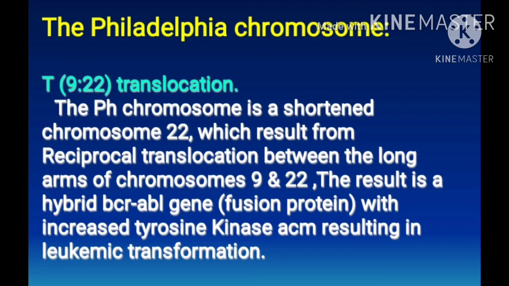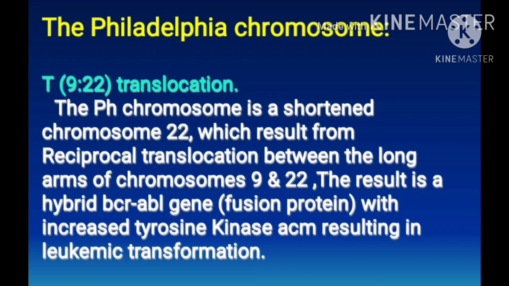Reciprocal translocation. Okay, in that Philadelphia chromosome, we can see the mutual exchange of chromosomal fragments between the long arm of chromosome 9 and 22. As a result, the length of the arm of chromosome 22 becomes shortened.